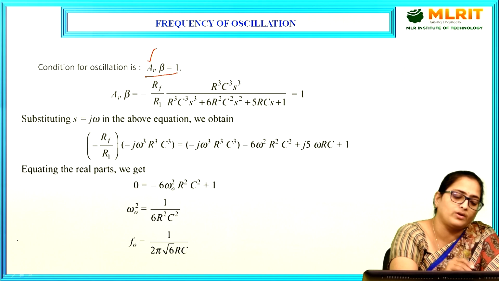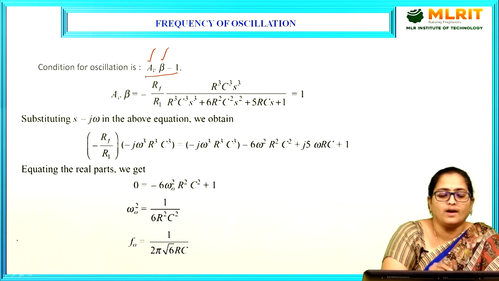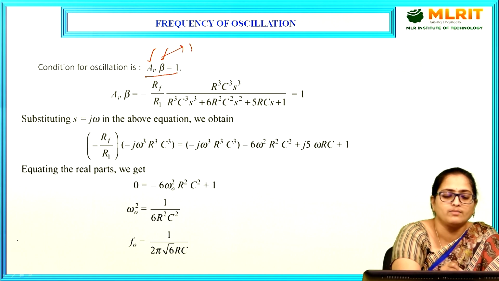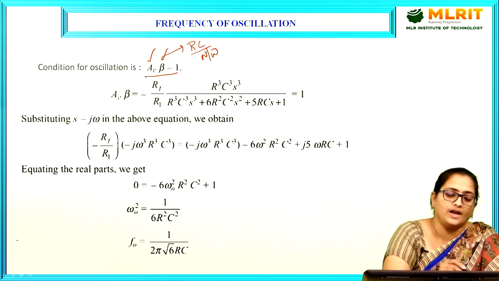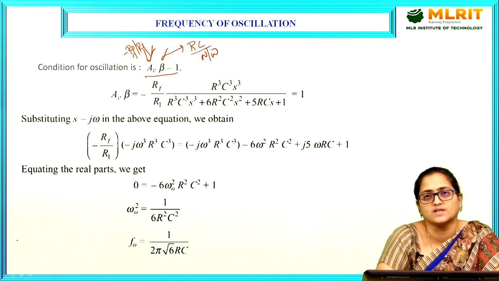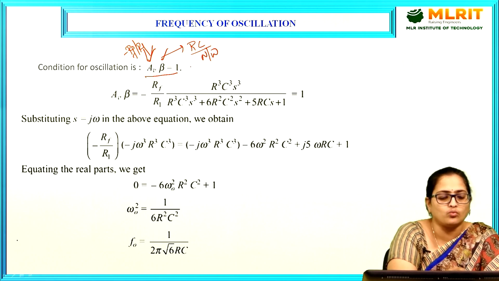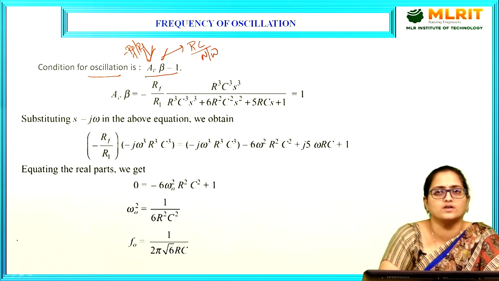A is the open loop gain, beta is the feedback gain. Feedback gain we have determined by using the RC network, and this open loop gain is given as minus RF by R1 as your input has been connected to the inverting terminal of an op amp. So now A beta should be equal to 1 is the condition for oscillation.